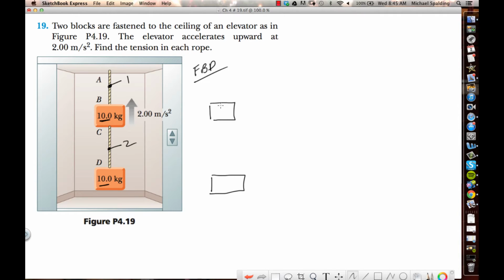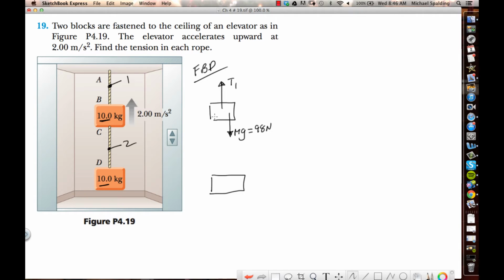So what are the forces on the top block, the top mass? How many forces are on the top mass? 3. So the 3 forces are, we have the tension from rope 1, we have mg down for the weight of that guy, and mg is going to be equal to 98 newtons, right? M times g, 10 times 9.8 is 98.